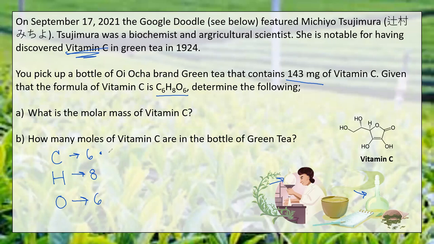6 times the atomic mass of carbon. I have to look it up on my periodic table, but carbon is one we look up the most: 12.01 grams per mole. Hydrogen, we are using 1.008 grams.